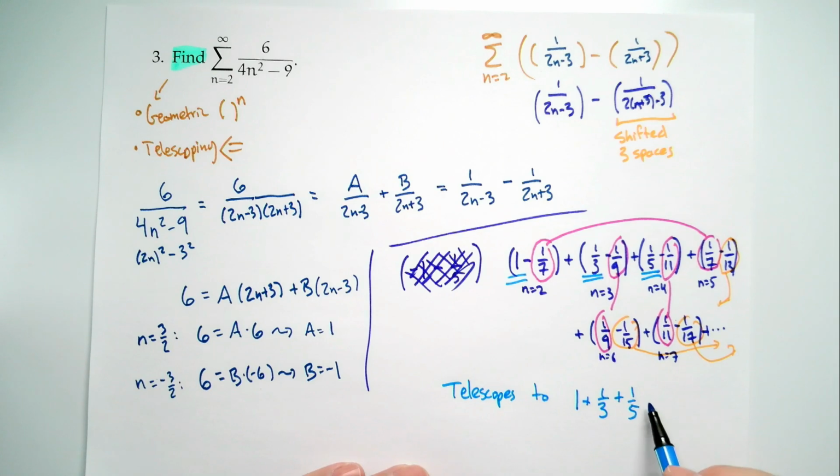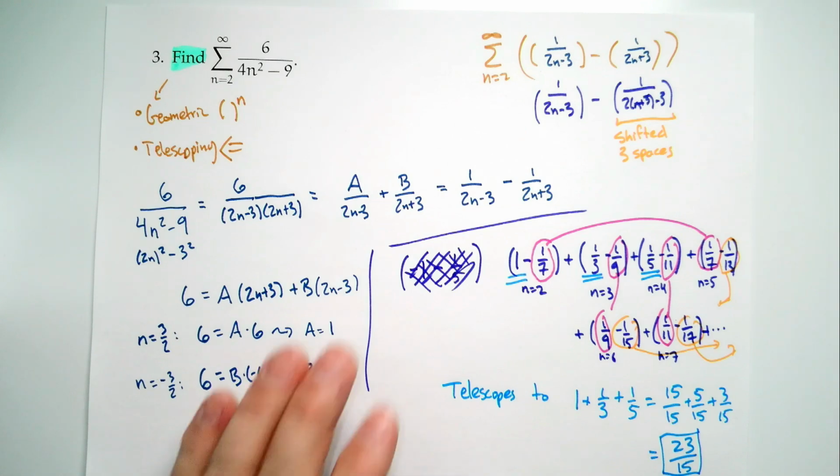Now, get a common denominator of 15. 15 15ths plus 5 15ths plus 3 15ths gives us a grand total of 23 15ths. And that is our answer. And there we go. All right, good. Nice, nice. Okay.